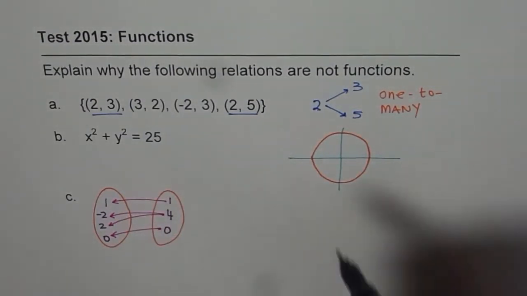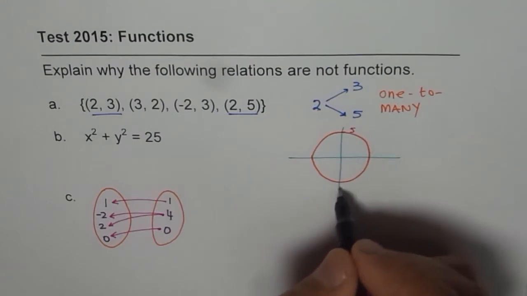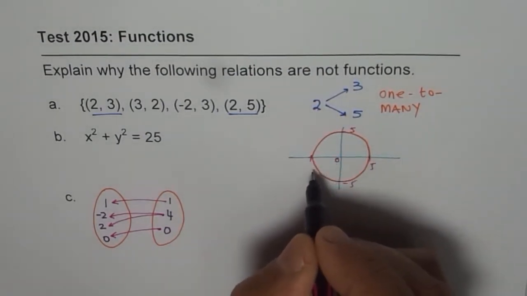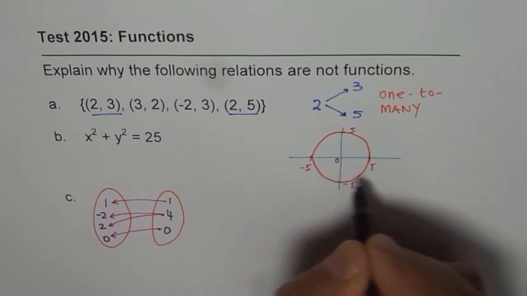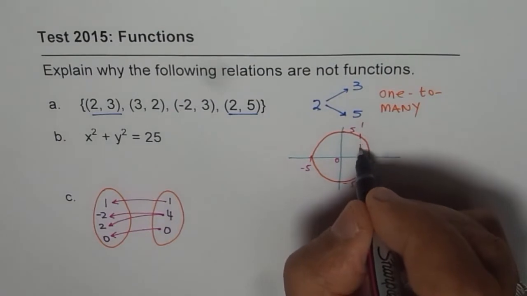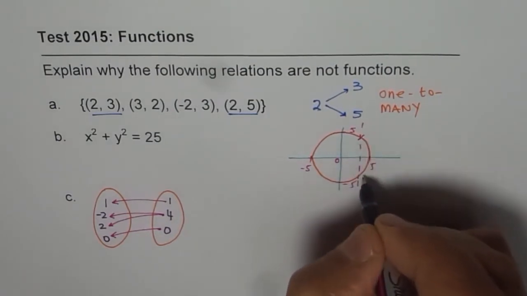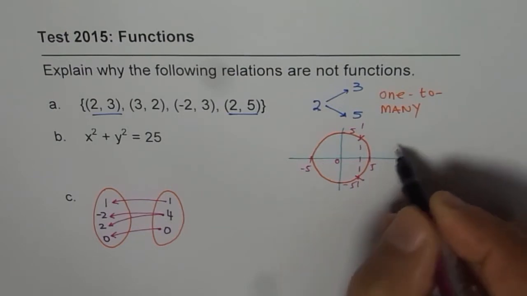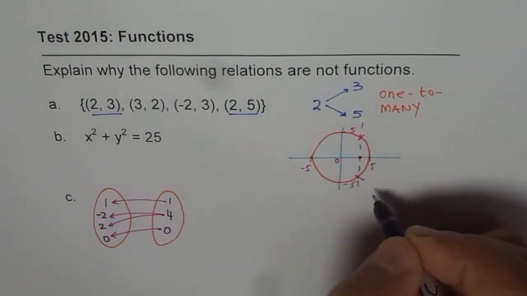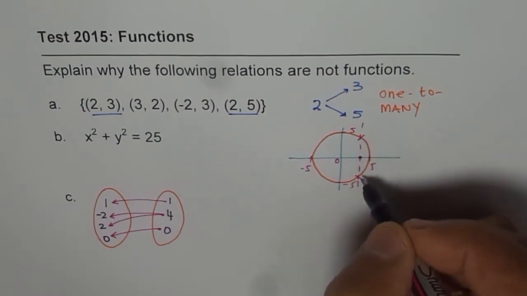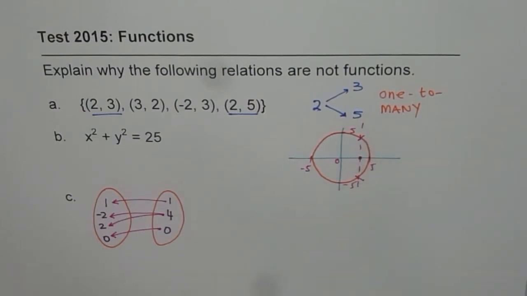So from the origin as the center, we have a circle with radius 5. Now here, if I draw a vertical line, then it intersects at 2 points. So it fails the vertical line test. It fails because for a given value of x, we don't know which value of y we are talking about, right?